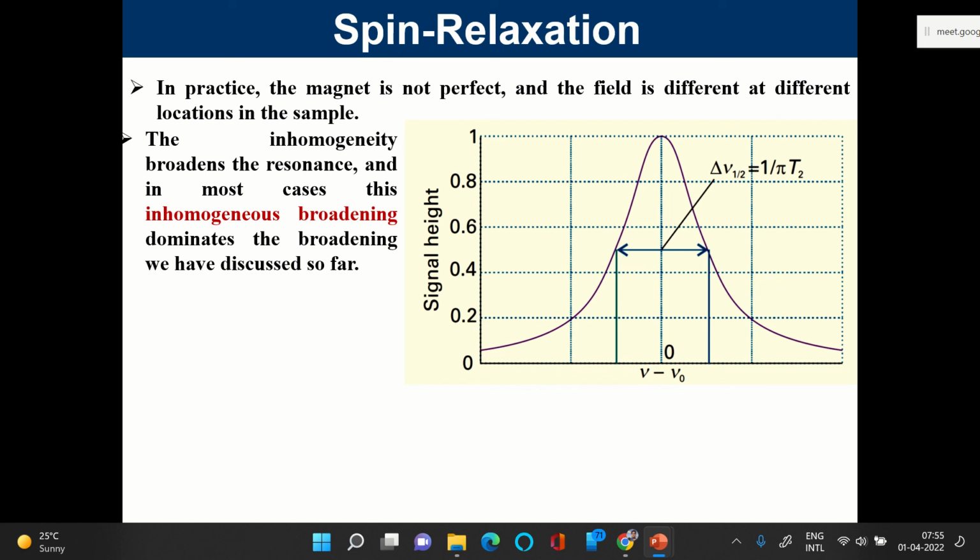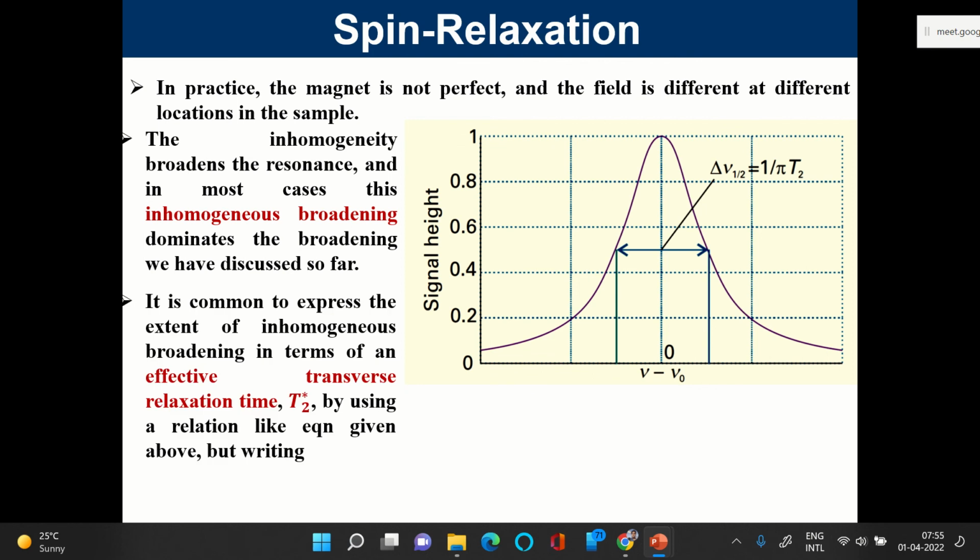So inhomogeneous broadening is also there due to these instrumental factors. The width that we have calculated has to be adjusted sometimes for that instrumental factor, and then the calculation is more realistic for the relaxation time you want to measure.